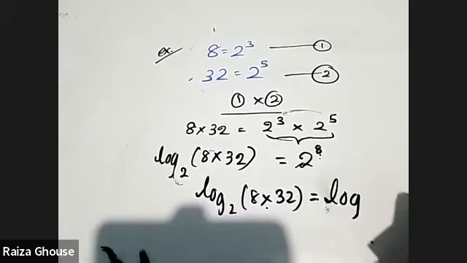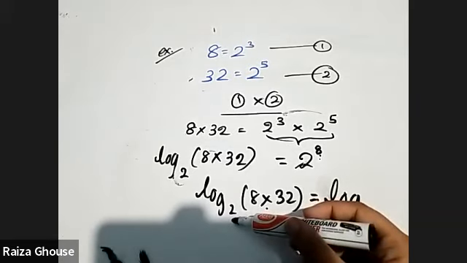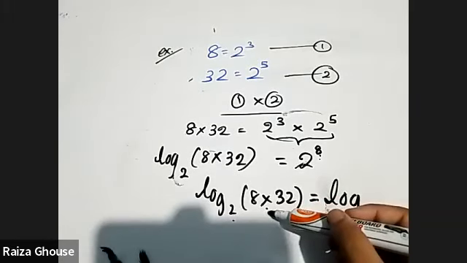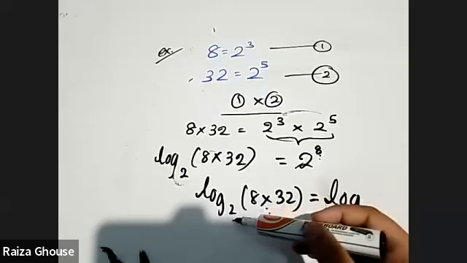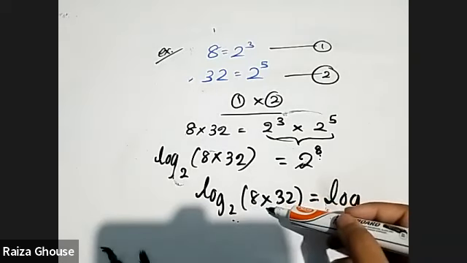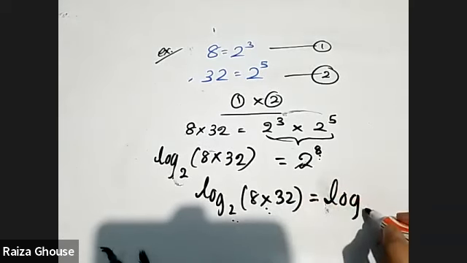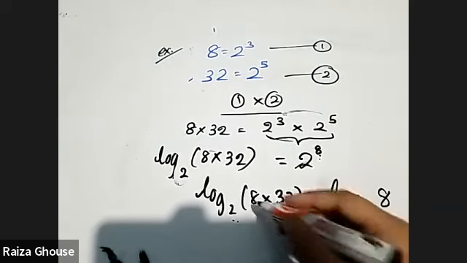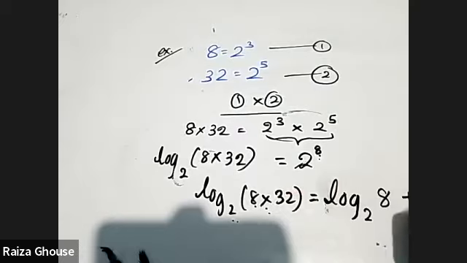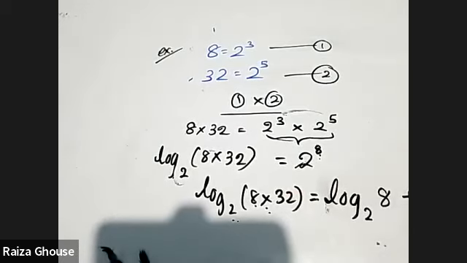According to the laws of logarithm also, children, if you have the same base, different value, what you can do, you can add them. Log base 2 to the power 8 can be added with log base 2 32.